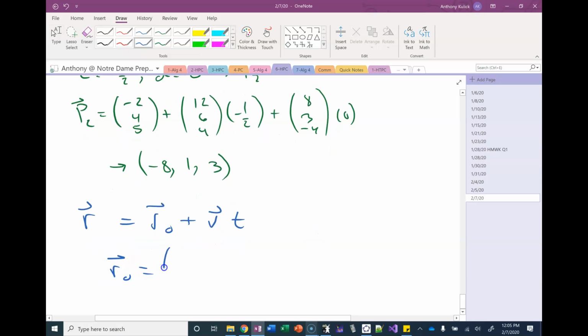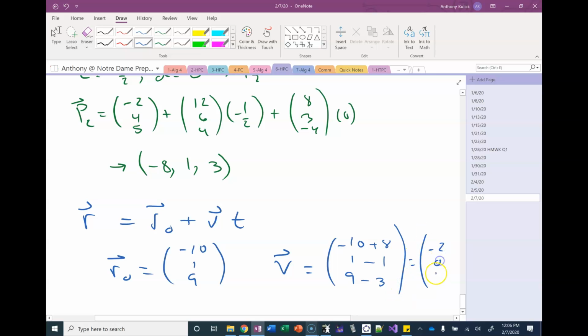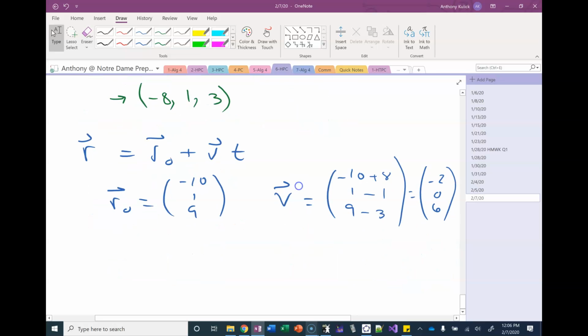R0 could be either of these 2 points. It doesn't matter. I'm going to use the first one. And then to find my direction vector, I'm just going to look at the difference of these 2 points. So I get that.